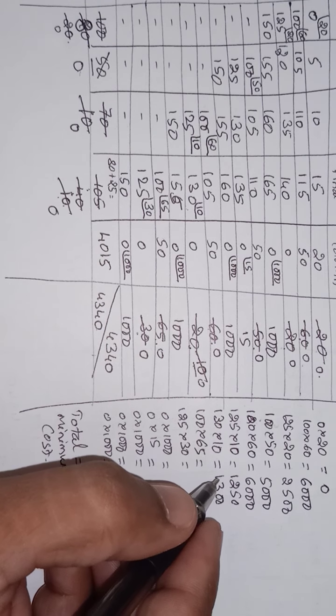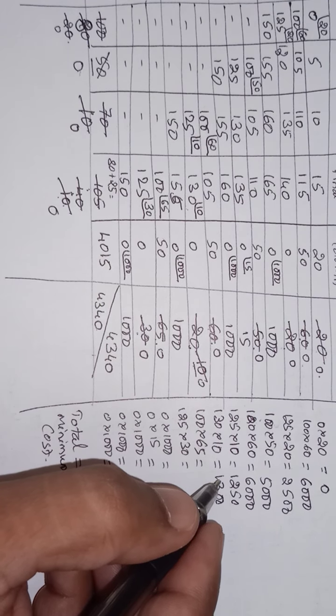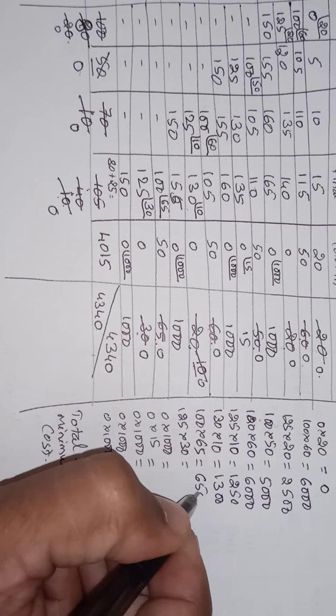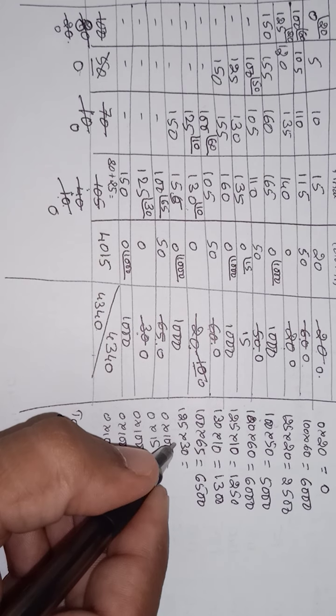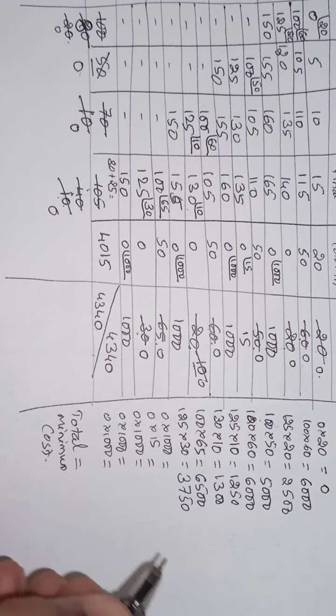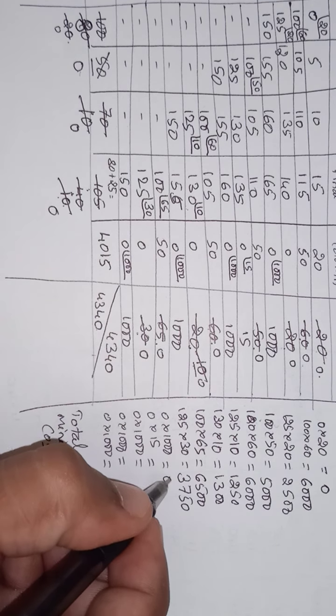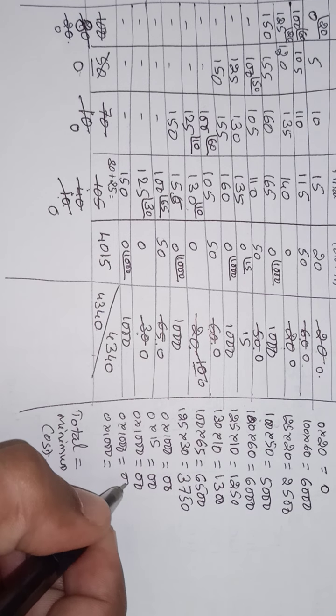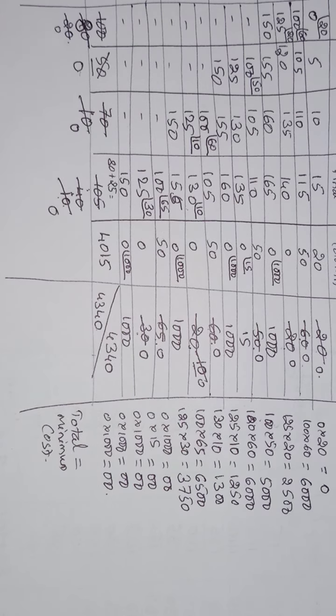You will have 6500. So here 125 into 30, you will have 3750. Here it will become 0 0 0 0 0 0 0 0 0 0, right?